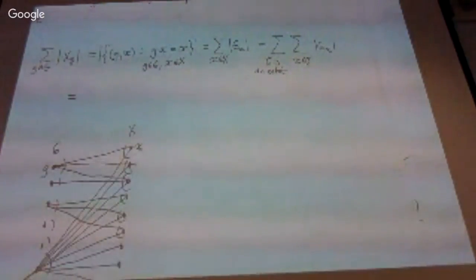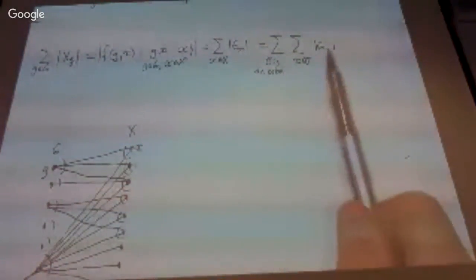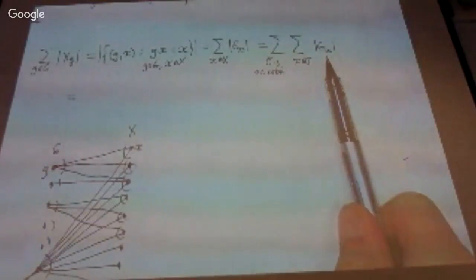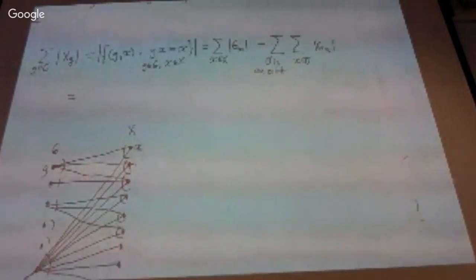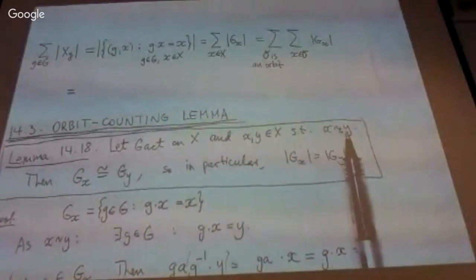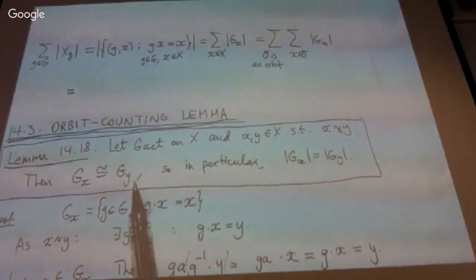Now, by the lemma, within an orbit, all these have the same size. That's the lemma. If x and y are in the same orbit, then their stabilizers are isomorphic.